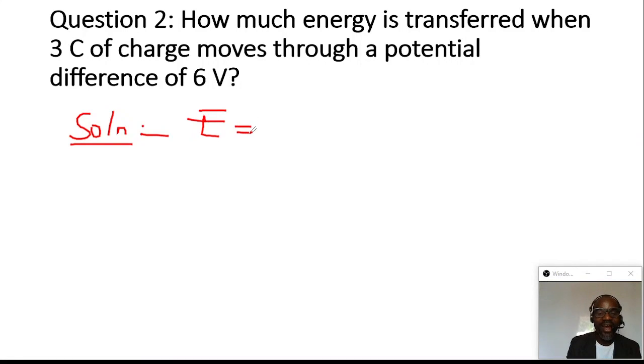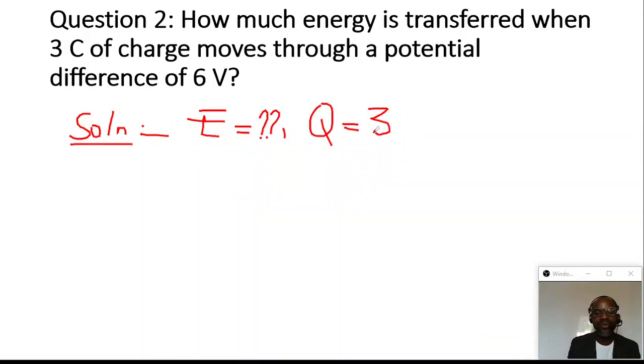So we are looking for energy E. That's why we have 2 question marks. Next point: the value of charge Q is known and is given as 3 coulombs.